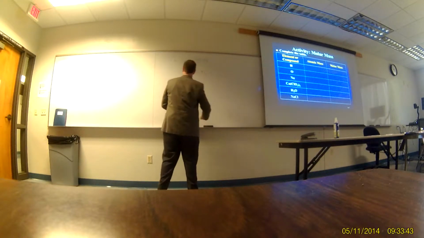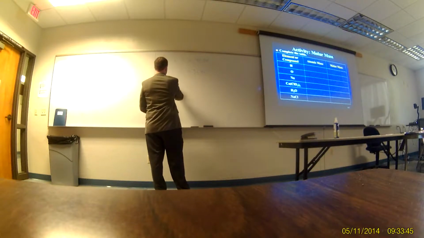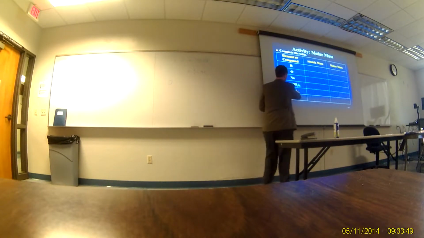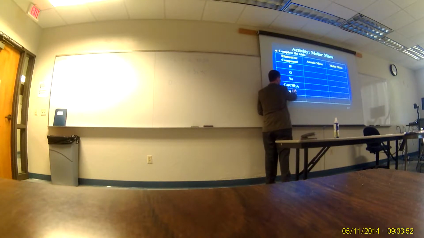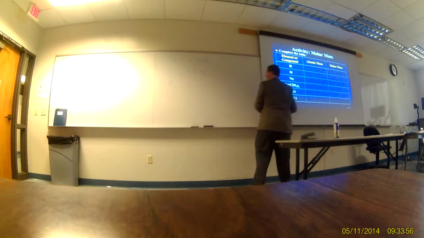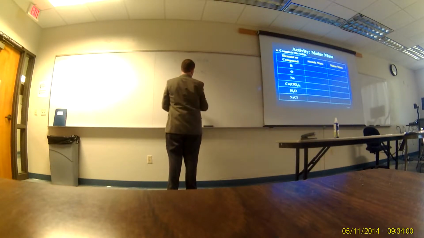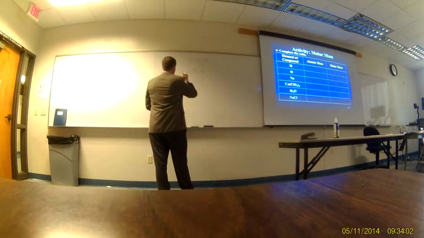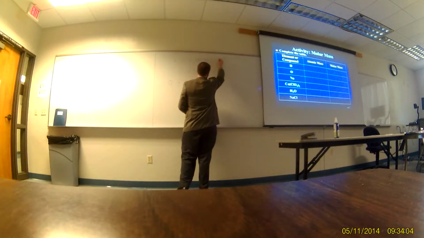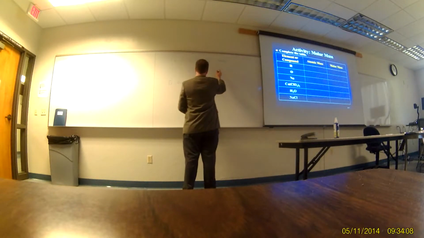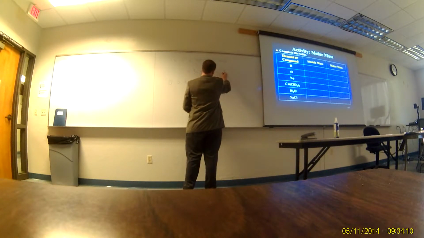And then oxygen. How many oxygens? 6. There are 3 oxygens for every one of these, and we have 2 of them. So 2 times 3 is 6. Oxygen is 16.0. So now we multiply them, we get 40.08, and this is 71.